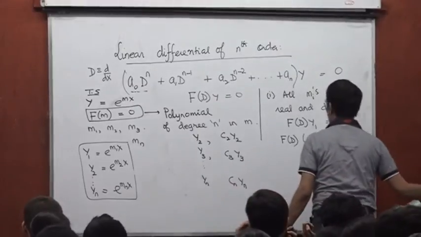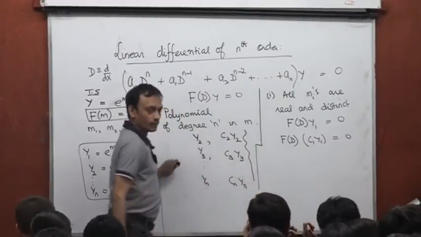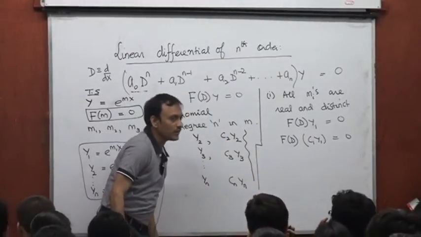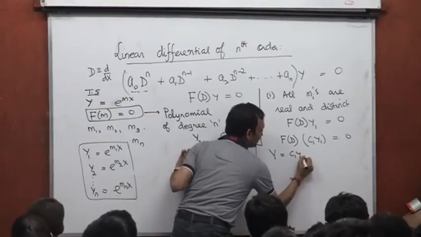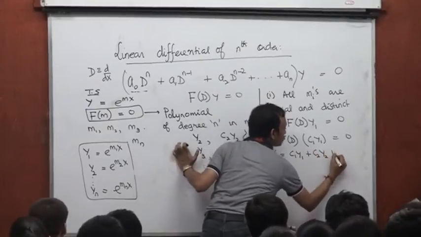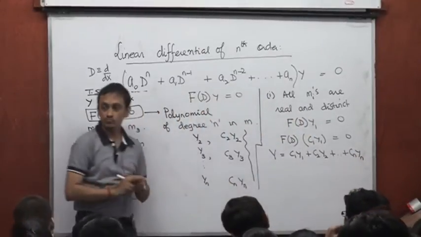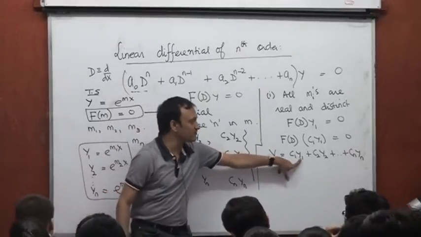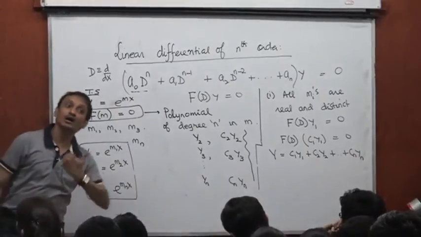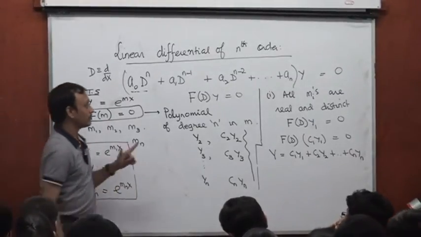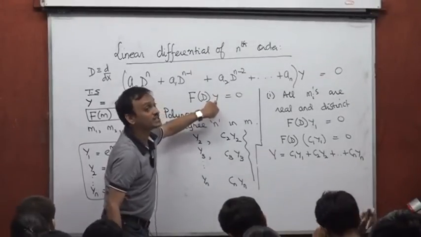Which means, let me think of a y which is C1 y1 plus C2 y2 plus Cn yn, where C1, C2, C3, Cn are arbitrary constants, where C1 y1 is a solution to this differential equation, C2 y2 is a solution, Cn yn is a solution.